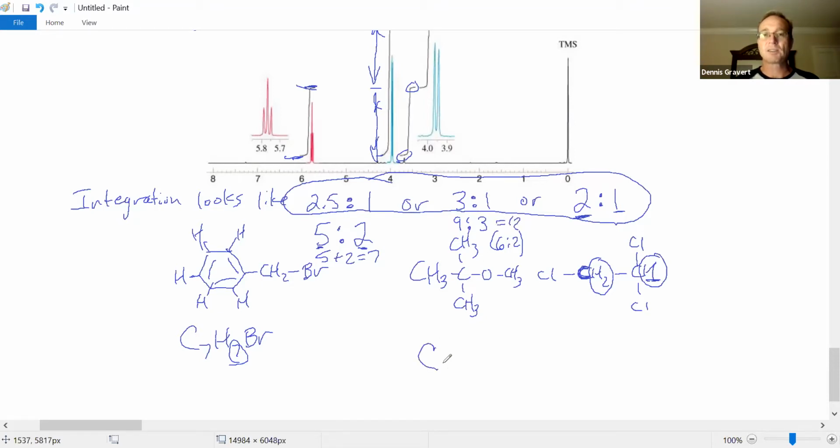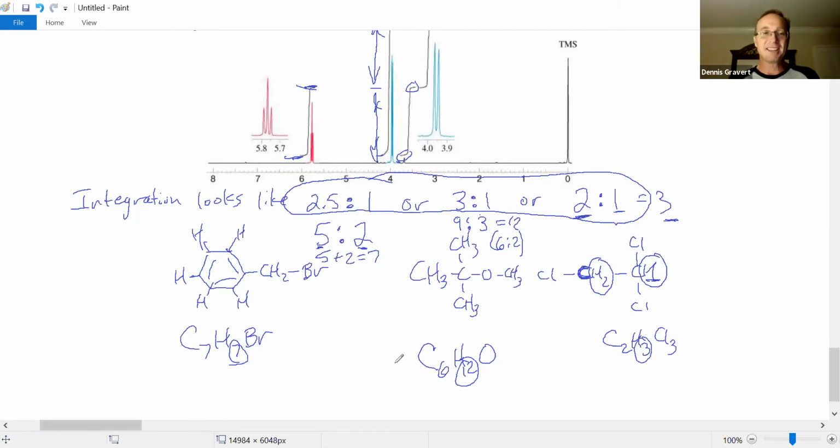This molecule is C6H12. There are 12 hydrogens, and 9 plus 3 equals 12. 2 plus 1 equals 3, because this molecule only has 3 hydrogens. It has 3 chlorines. So look at the total number of hydrogens in the chemical formula, and from your ratios, see if you can find a ratio where the numbers add up to the total. That'll help you figure out which ratio it truly is.